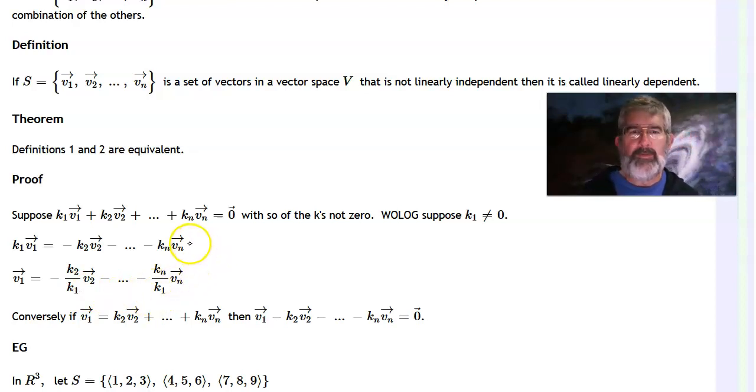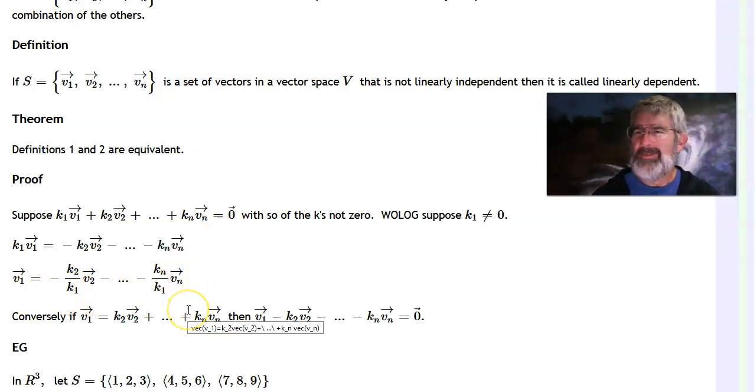So what I've just shown here is that if there is a way of getting this to add up to 0 without the k's all being equal to 0, essentially this is if you don't have definition 1, then you don't have definition 2, right? So I'm sort of proving the converse.